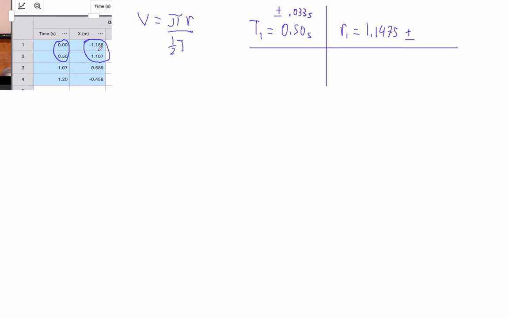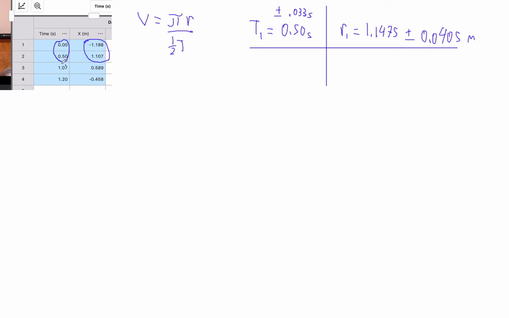So I'm going to go 1.188 minus 1.107 is 0.081 divided by 2 is 0.0405. Okay, so this is my period, my first period of the first half revolution before I pulled it in, right? That's the radius, that's the uncertainty of it, right?